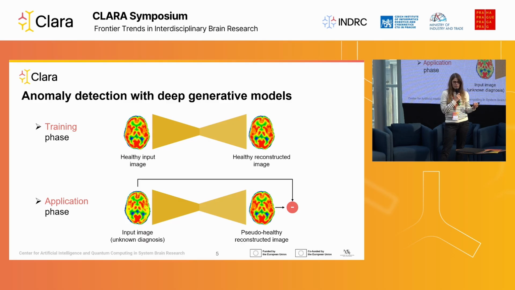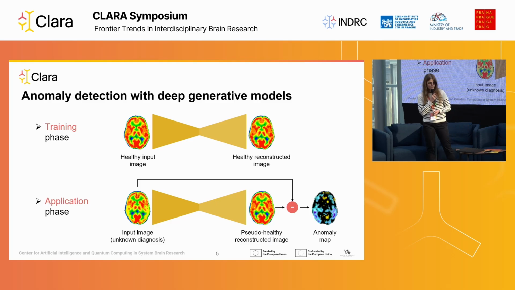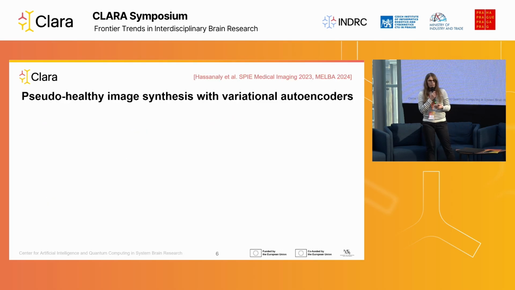Then you can compare this reconstructed image with the input, and this will highlight the anomalies. In the team, we work a lot with variational autoencoders, which are a type of generative model.